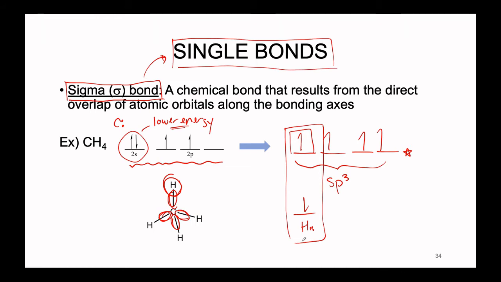Now, the single bond definition is what I've boxed here on the right: 2 unpaired electrons coming together and being shared between 2 atomic centers. The sigma bond definition we can see in the illustration on the left.